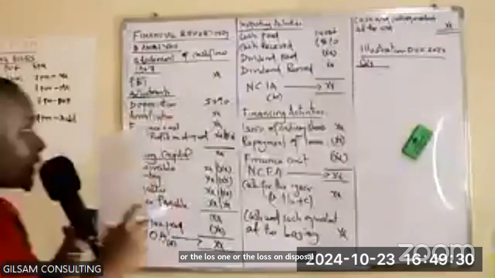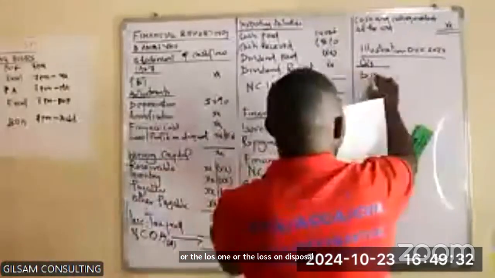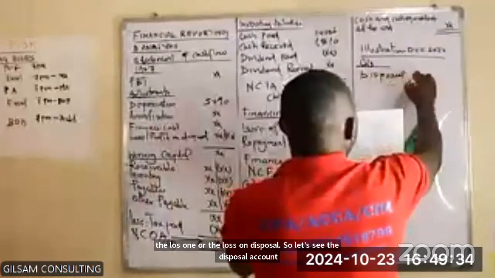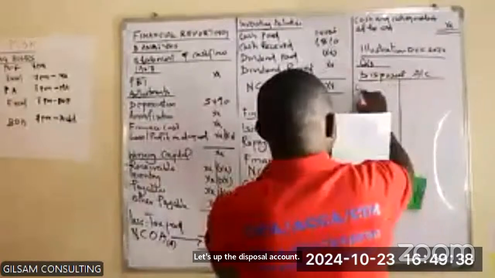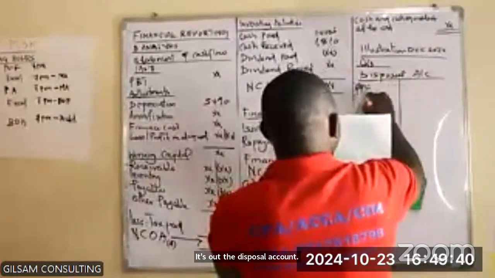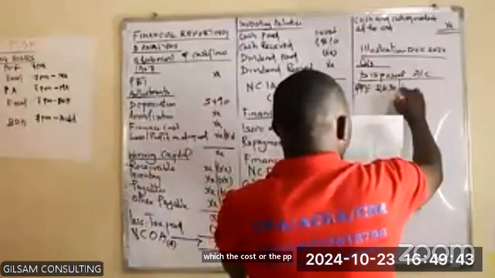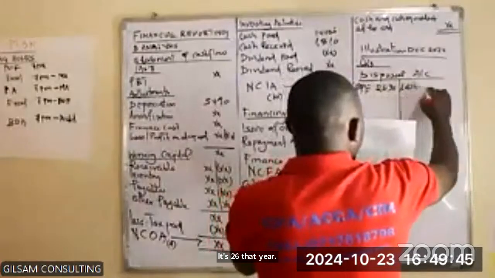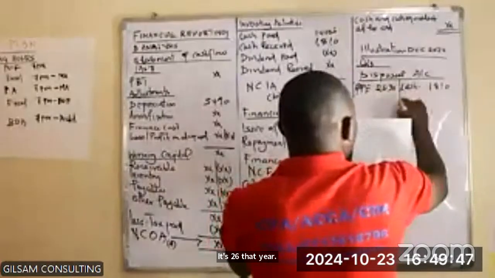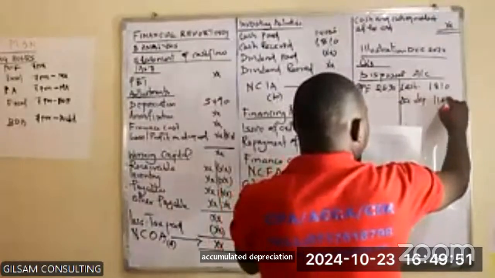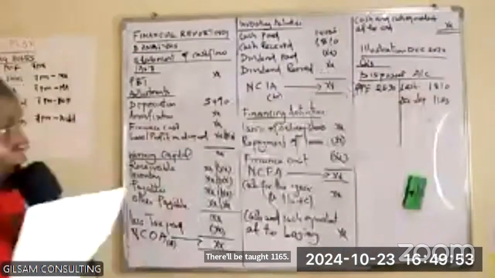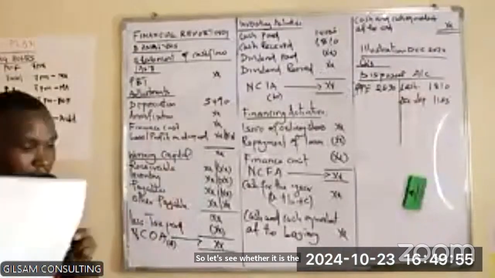So let's see the disposal account. The cost of the PPE is 2630 here. Cash, we have been told 1810. Accumulated depreciation, we have been told 1165. So let's see whether it is the profit or loss on disposal.